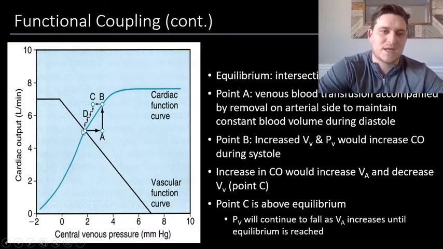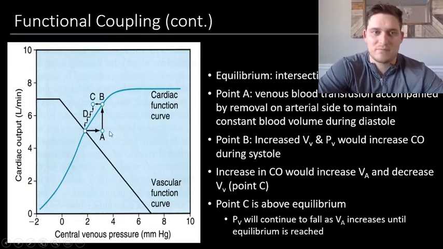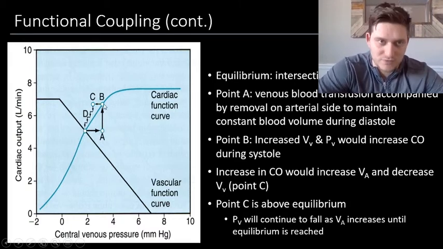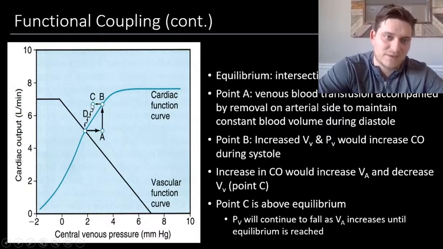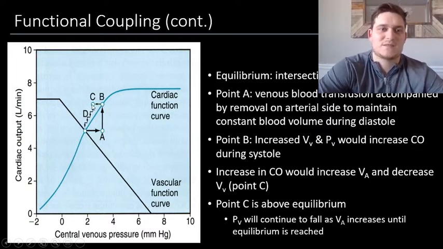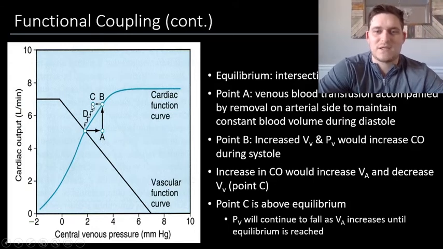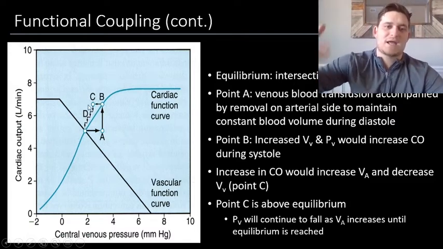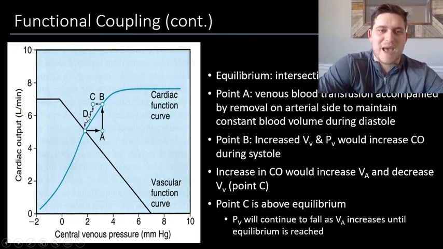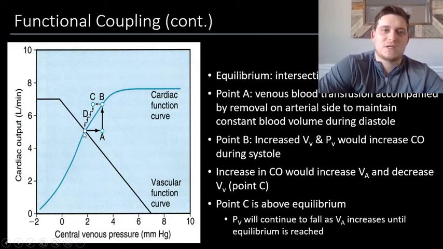Because they're coupled, more venous blood went to the heart, and then the heart pumped it out to the arterial side, and that subtracted again from the venous side. And so now, since this point is above equilibrium, right, this is going to continue to fall as cardiac output continues to push out that extra blood. So ultimately, this balances back to the equilibrium.